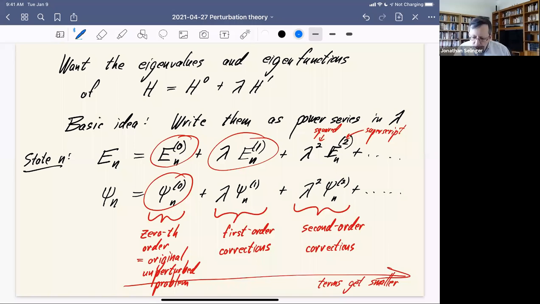So we want to make a power series for the new perturbed energy and the new perturbed wave function. That is the old unperturbed energy, the old unperturbed wave function, plus here's a correction to the energy. We found that yesterday. Here's a correction to the wave function. We just found that now.